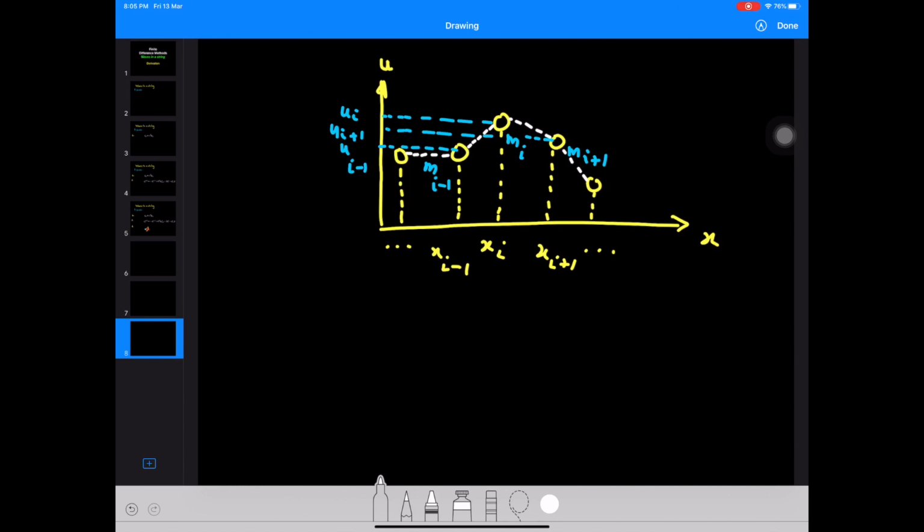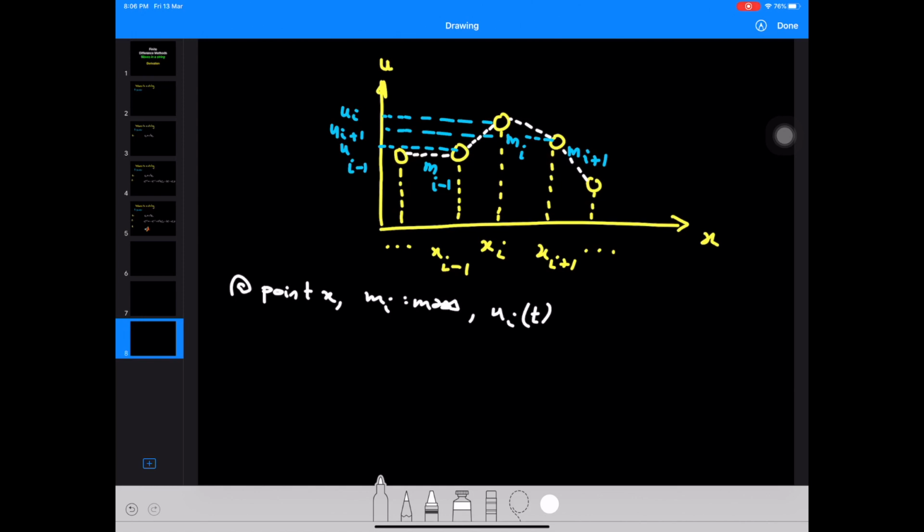So at point, for example, at point xi, we have mi, which is the mass, and this point mass moves vertically with a displacement ui. So ui is actually a displacement that is a function of time. So it vibrates vertically as a function of time.